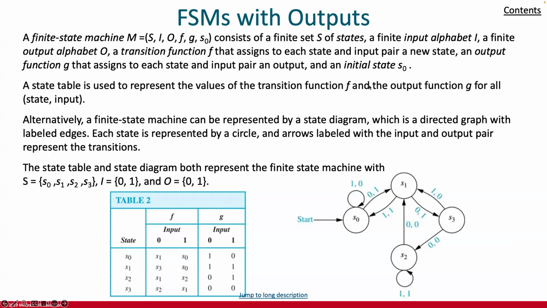So here is some more details on finite state machines with outputs. A finite state machine, M, has S, I, O, f, g, and s0, consisting of a finite set of states S, a finite input alphabet I, a finite output alphabet O, a transition function f that assigns to each state and input pair a new state, an output function g that assigns to each state and input pair an output, and an initial state s0.